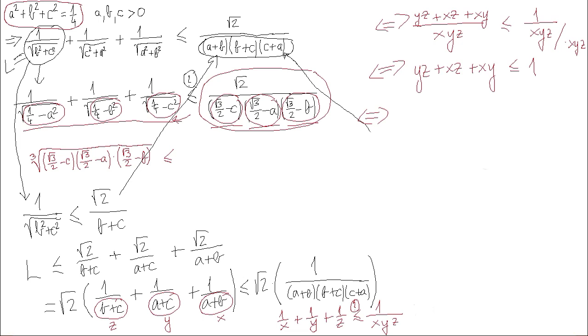Yz, for example, will be a plus c times b plus c, plus x is a plus b times z, which is b plus c, plus x is a plus b times y, which is a plus c.